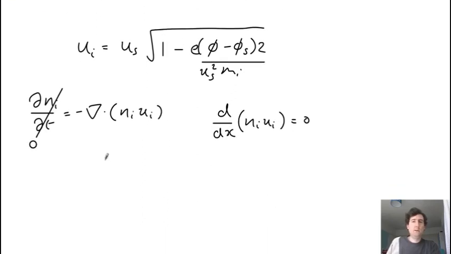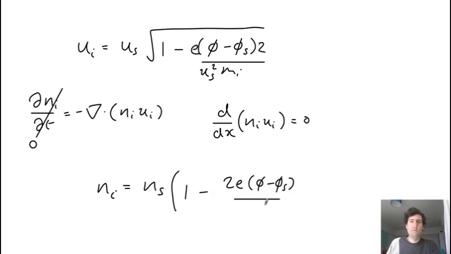Using this relationship, we can write down that the density at any point is just the sheath density, and then it's just 1 over this quantity here, because these two multiplied together must be constant. And so we end up with 1 minus, just to make it look a bit better, phi minus phi_s over u_s squared, and that's all now to the power of minus a half.